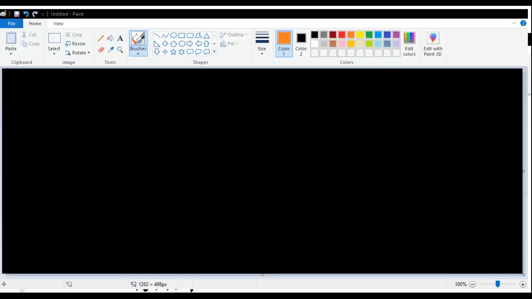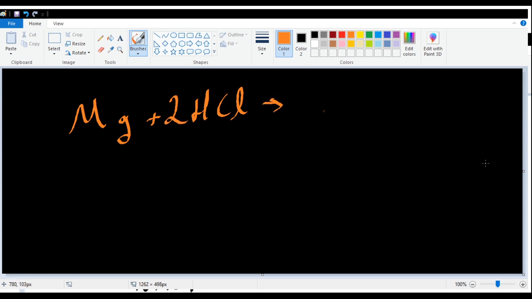So, magnesium plus HCl goes to MgCl2 plus hydrogen gas.